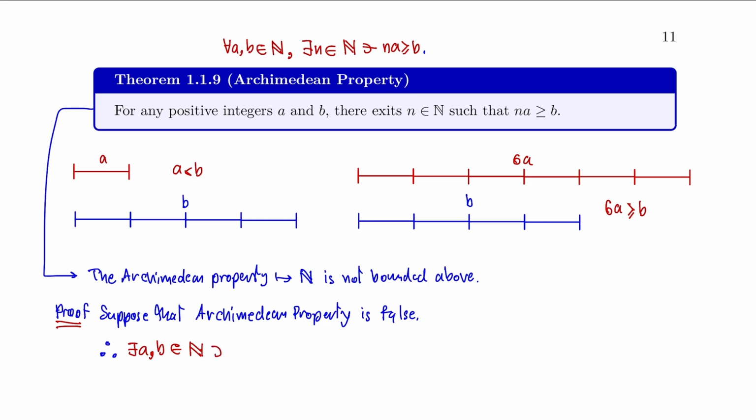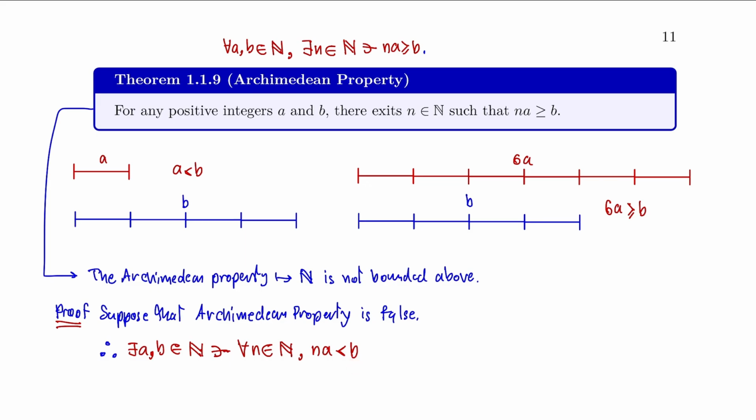So it's going to be such that for all positive integers n, n times a is less than b. Okay. So right now we say that there are two positive integers, and for any positive integer n multiplying one of the numbers, it's less than the other number.